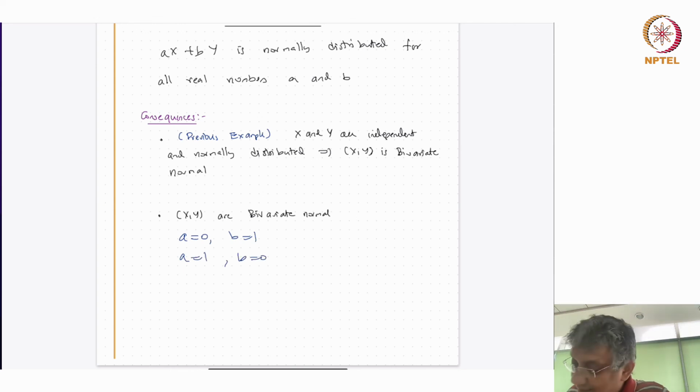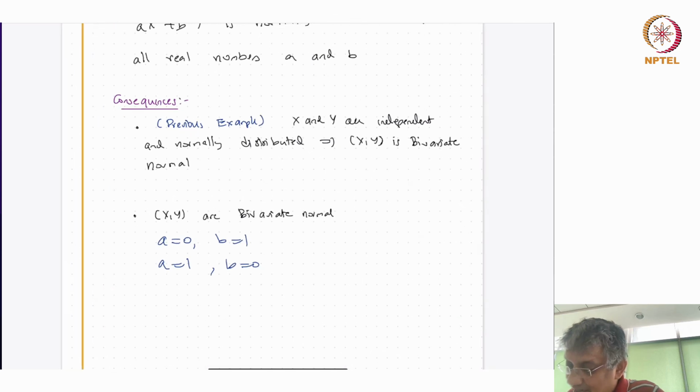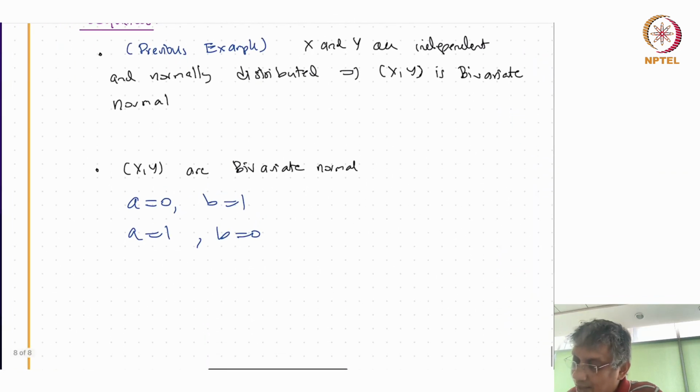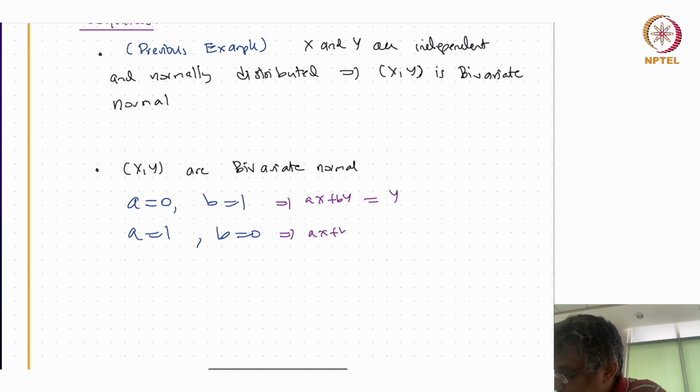If I take a equal to 0 and b equal to 1, then ax plus by is equal to y. And with a equal to 1 and b equal to 0, ax plus by is equal to x. From the definition, this implies that x is normally distributed and y is normally distributed.